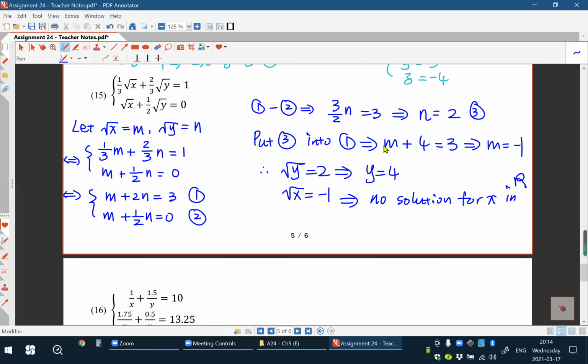We don't consider the complex numbers here yet. So in the real number set, there is no solution for x. So the final conclusion is there is no solution for this system in the real number set.